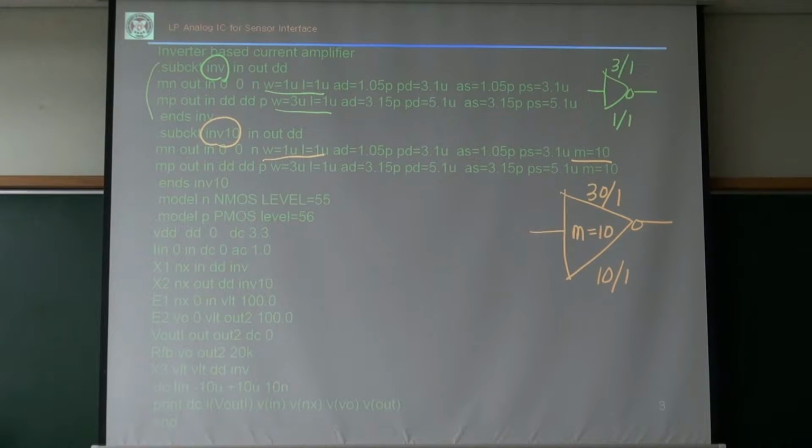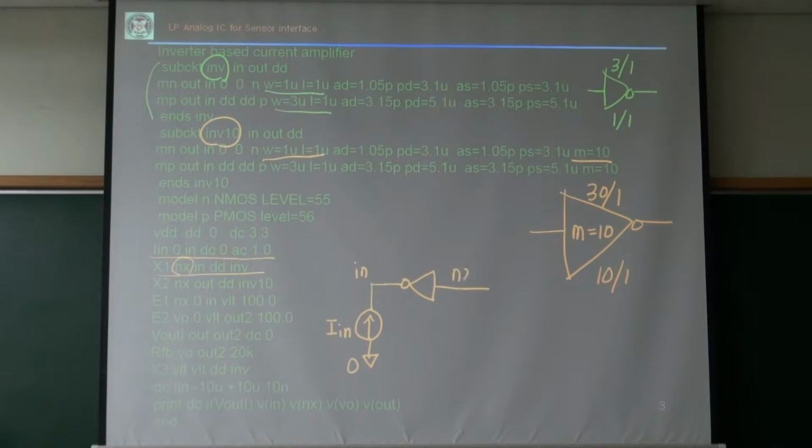Here I have a current source, from 0 to IN. This node is IN, this is 0. And then I have an inverter, input is NX, output is IN.